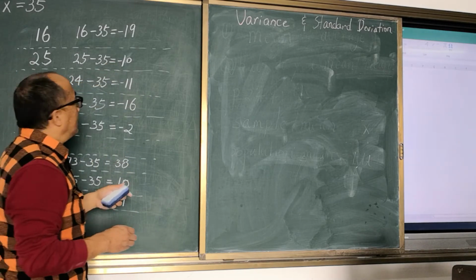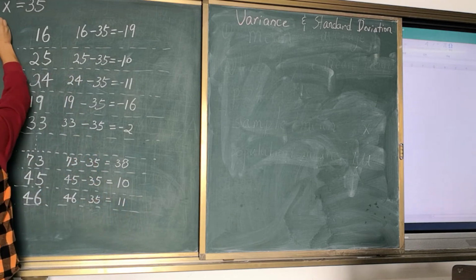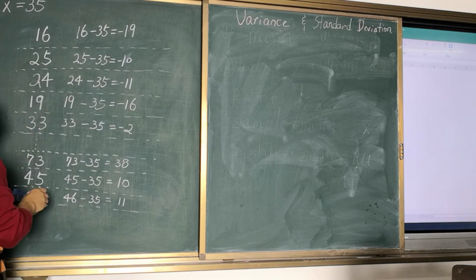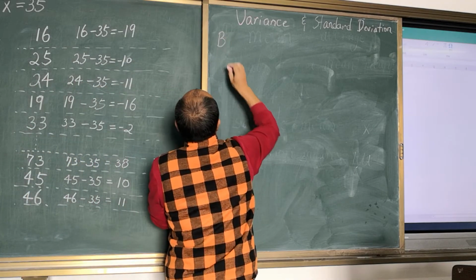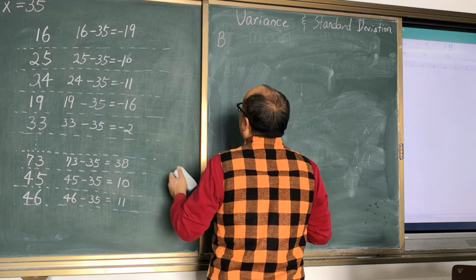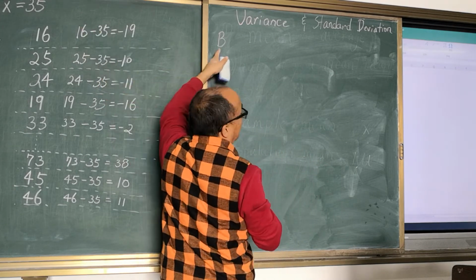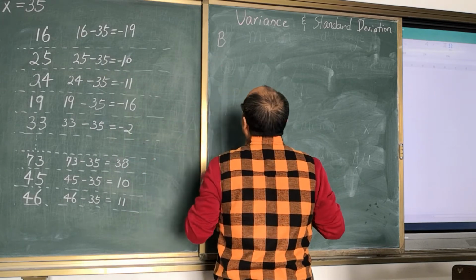Let's say this is superstar A, okay? Let's say another superstar B. Now I'm using fake numbers. And the average for superstar B is also 35.